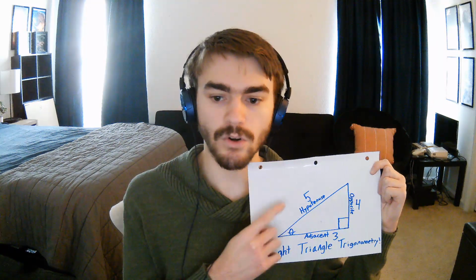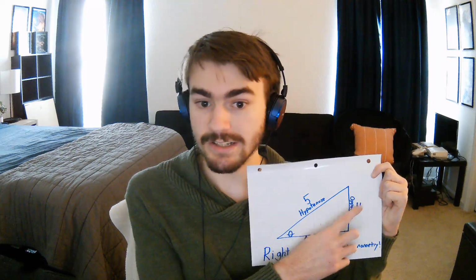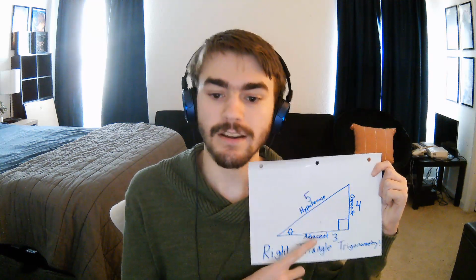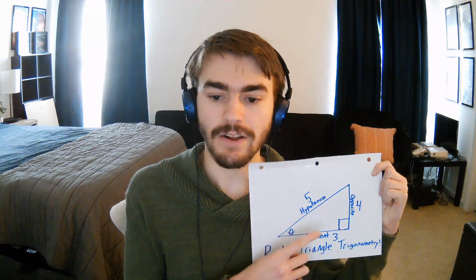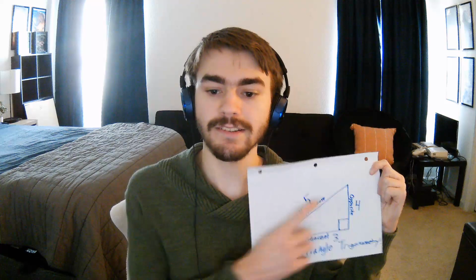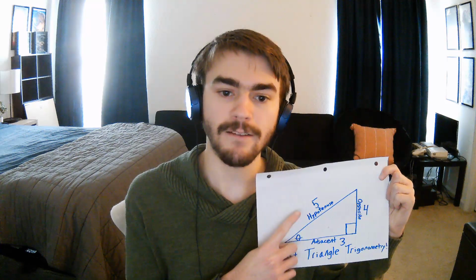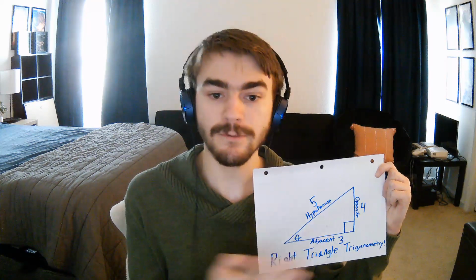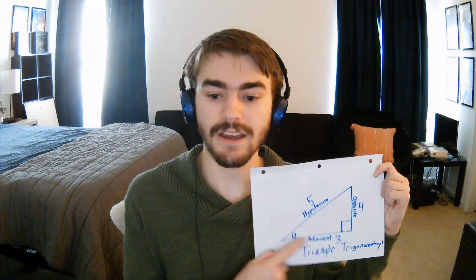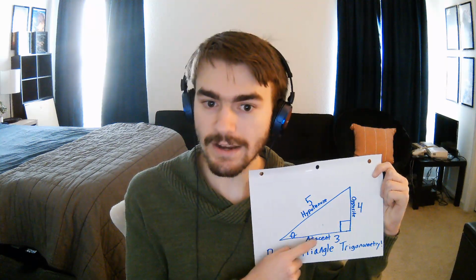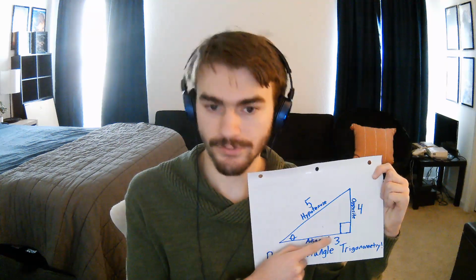It would equal 4 squared, which is 16, plus the other side. So it would be a squared plus 16 equals 25. We subtract 16 from both sides. We would get that a squared equals 9, and then eventually that a equals 3.